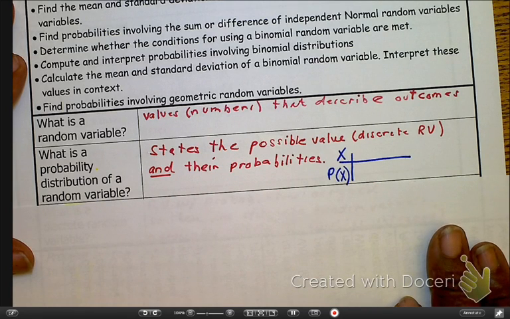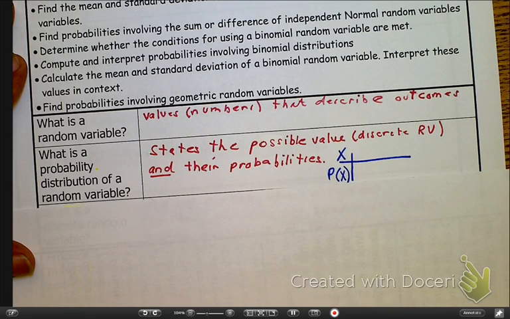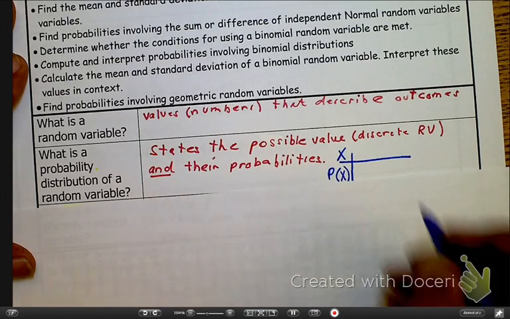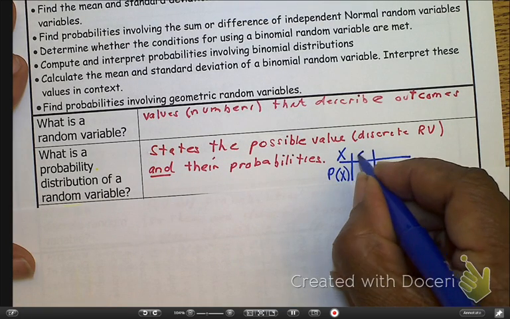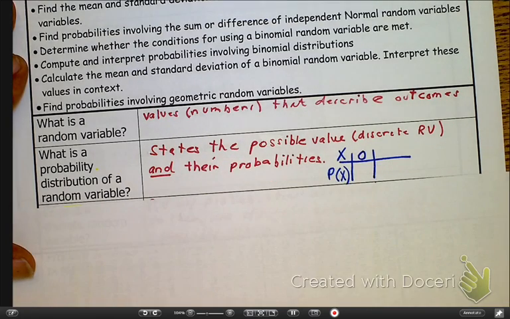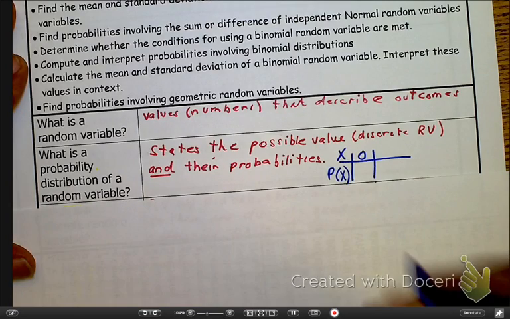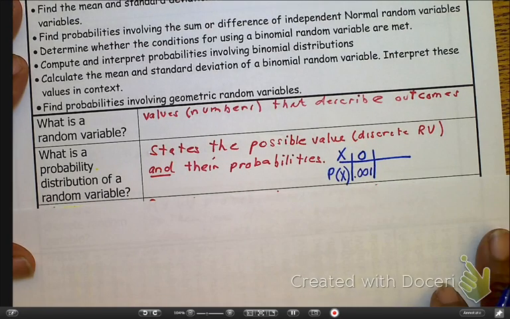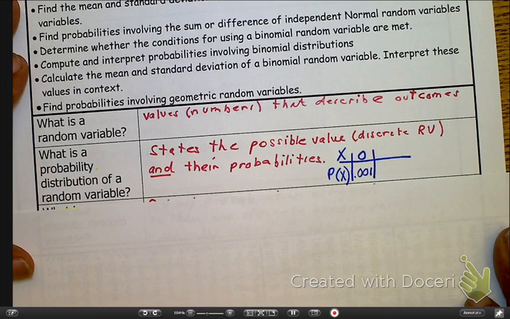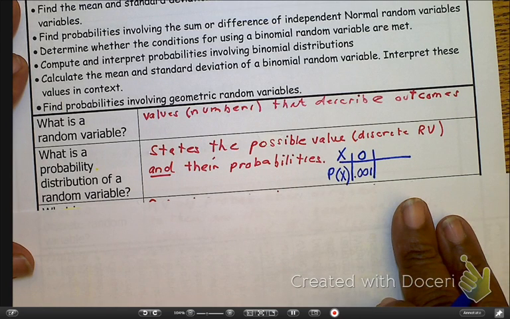Okay, so as I look down at my Apgar scale, if a baby has an Apgar value of 0, then that occurred 0.001% of the time. And unfortunately, that means that child perished. But let's not talk about that because that's really depressing.